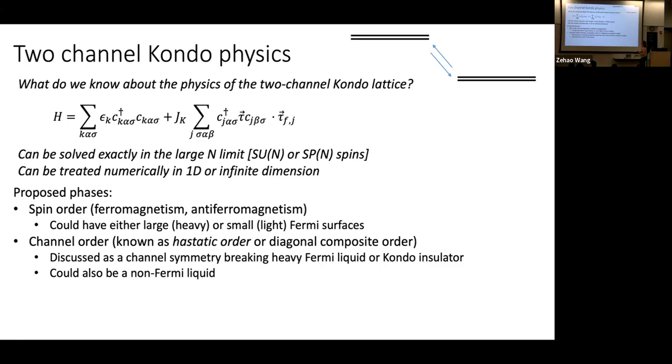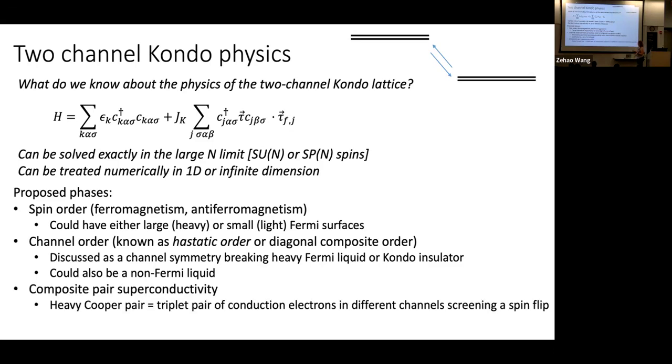Hypothetically, it could also be a non-Fermi liquid, and there are some indications that that might be true. We call this hastatic order because it's a lot shorter and more fun to say. It was also talked about by Hoshino et al. as diagonal composite order. Okay, so that's what I'll spend a good bit of time talking about.